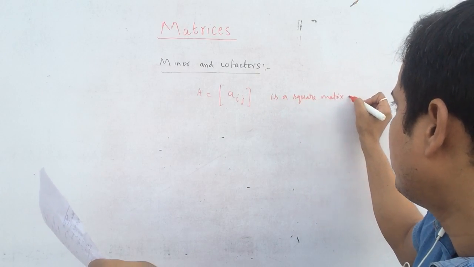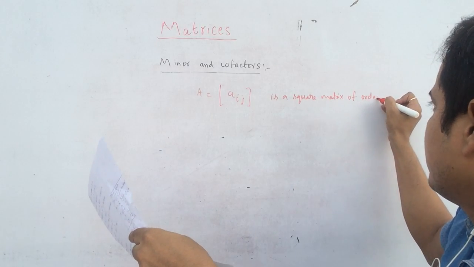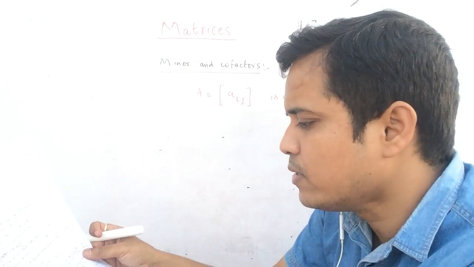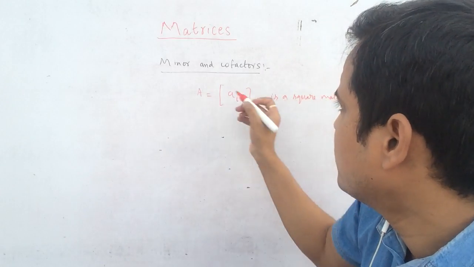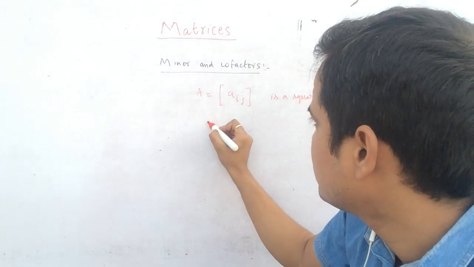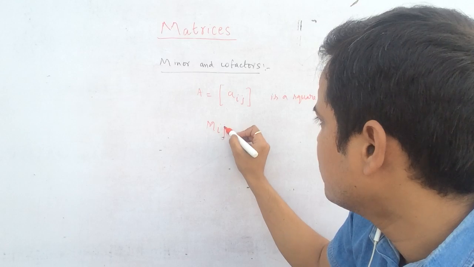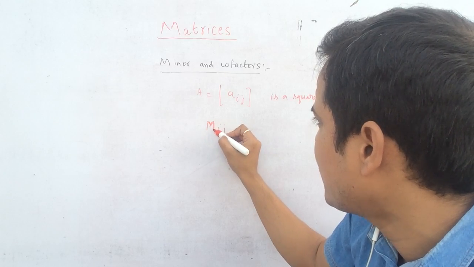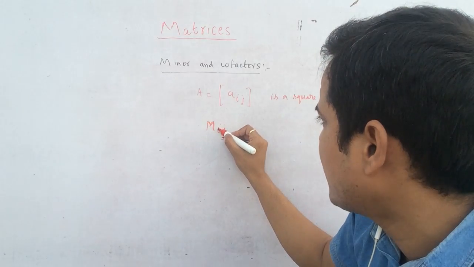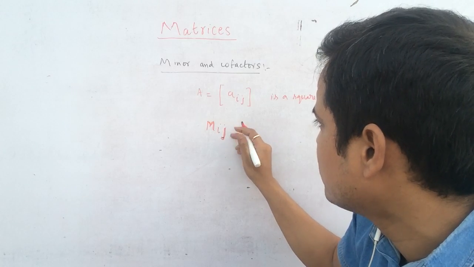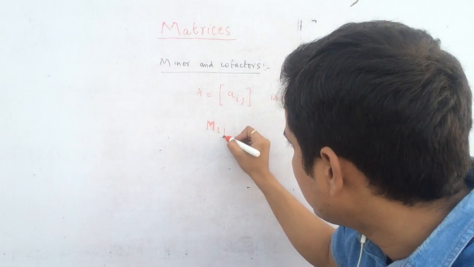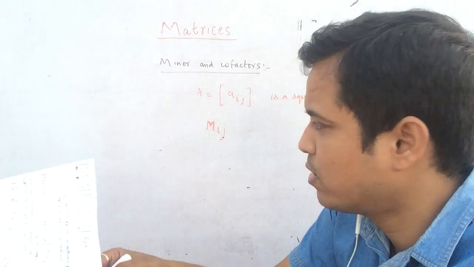If you want to find the minor, Mij is denoted as minor, where i denotes the row number and j denotes the column.